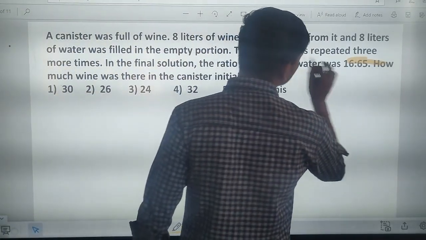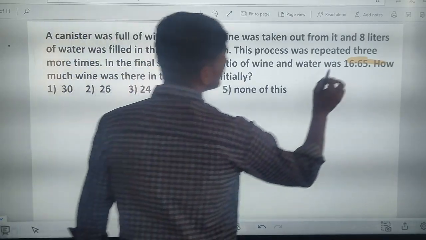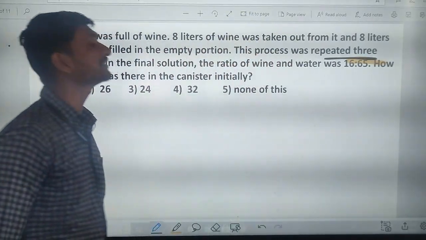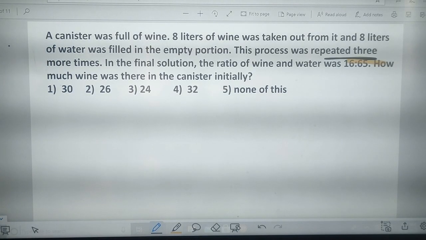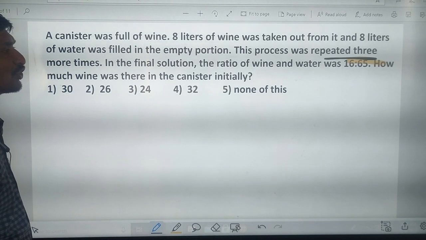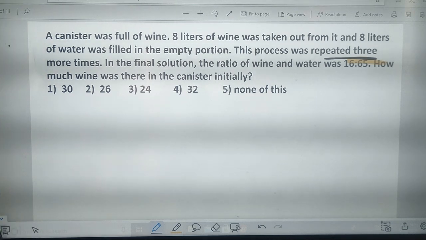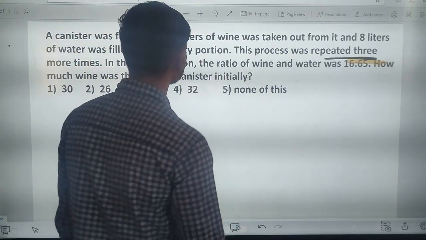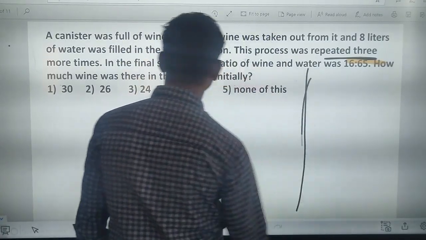That is, this process is done 4 times. In the final solution, the ratio of wine and water was 16 as to 65. How much wine was there in the canister initially?